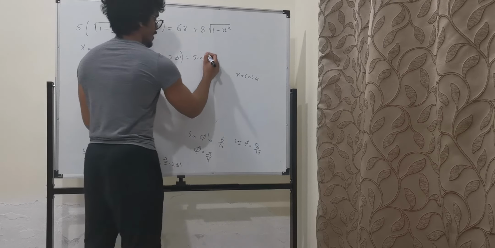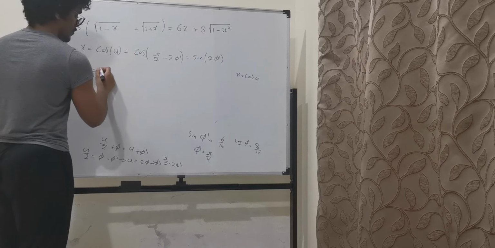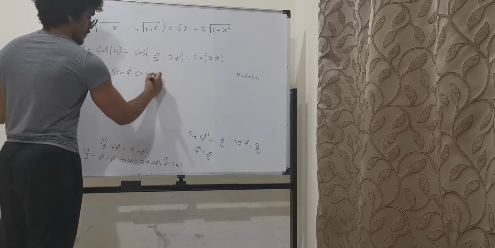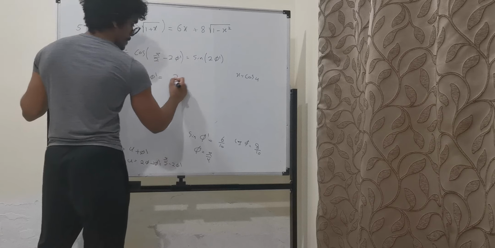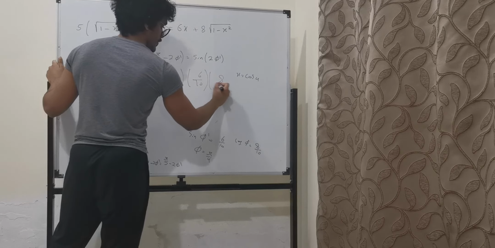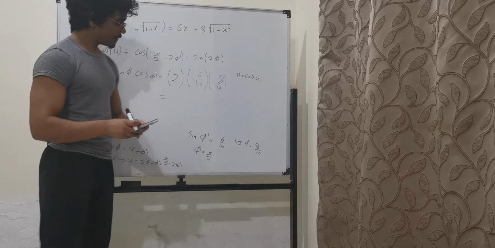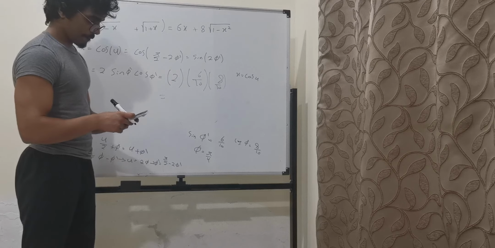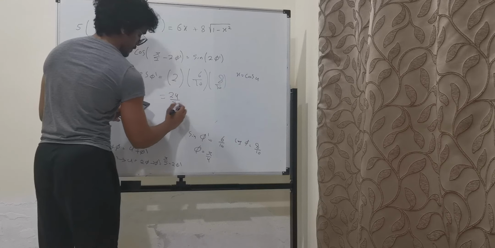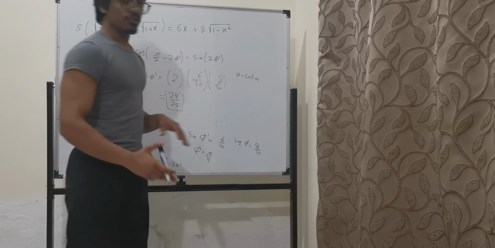This will be equal to sine of 2 phi prime, which in turn will be equal to 2 sine of phi prime cosine of phi prime, which is just 2 times 6 divided by 10 times 8 divided by 10, which is just equal to 24 divided by 25. So this is the solution, this is x.